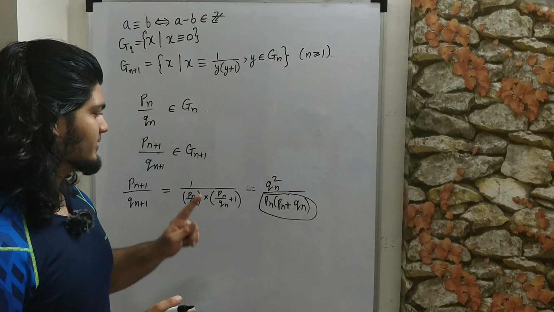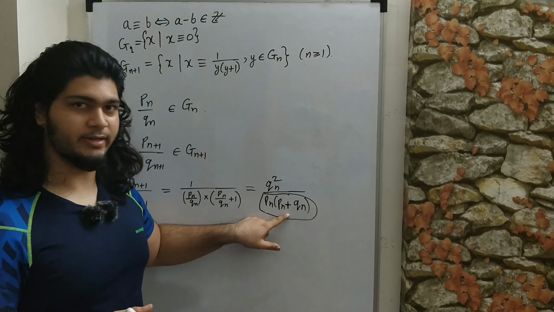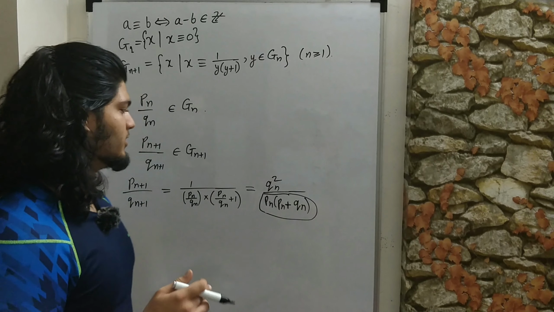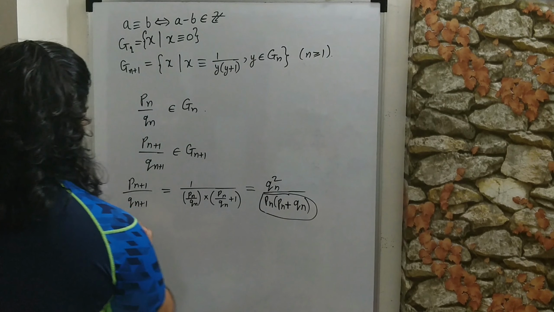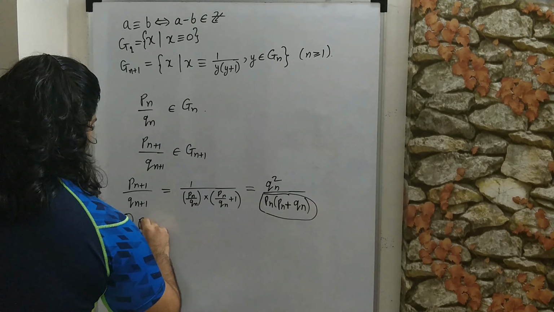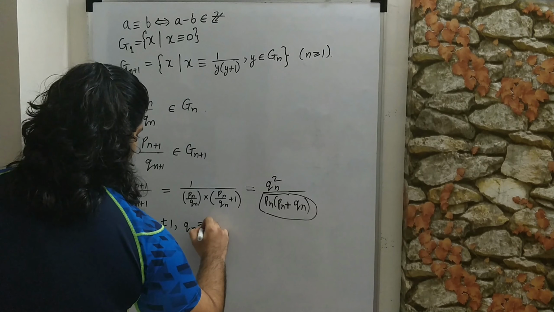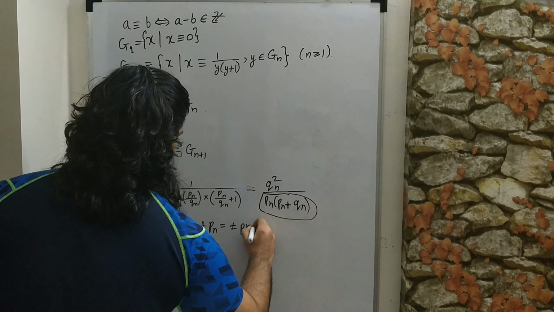So that means that if we want to have a prime number in the denominator, then p_n times (p_n plus q_n) must be a prime number. So it can also be the negative of a prime number. So that means we get two cases. The first case is that p_n is equal to plus minus 1 and q_n plus p_n is equal to plus minus prime.